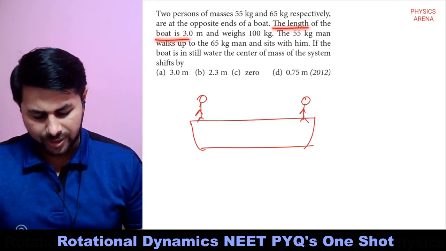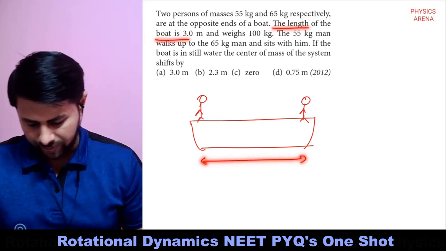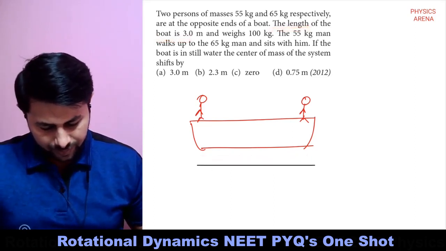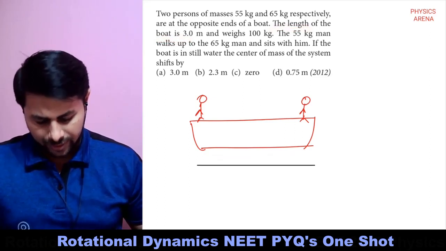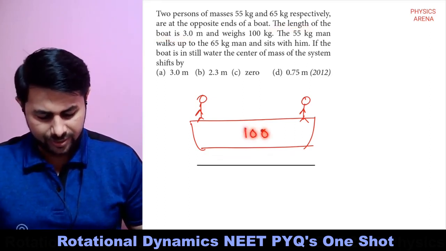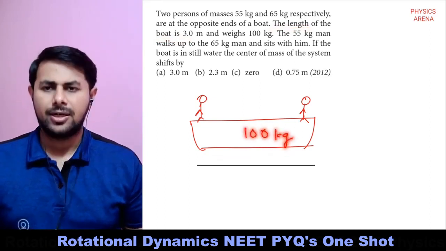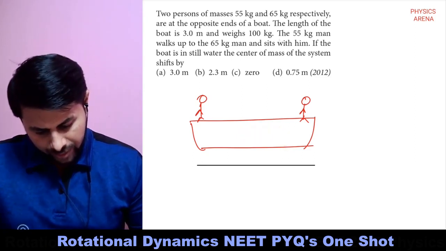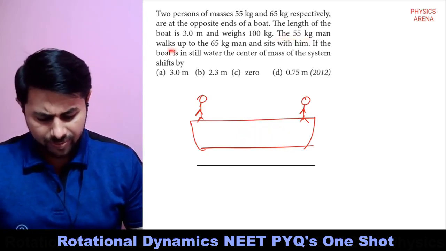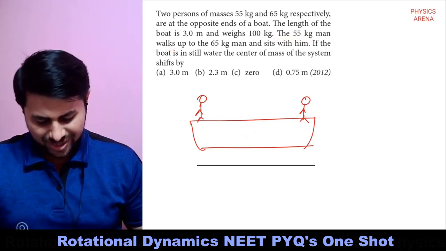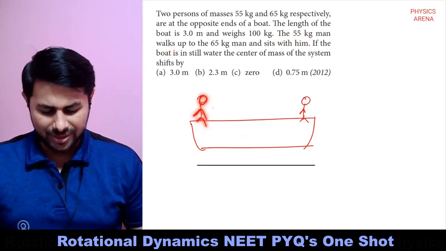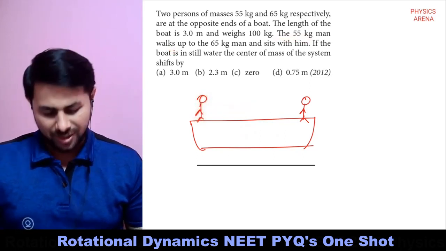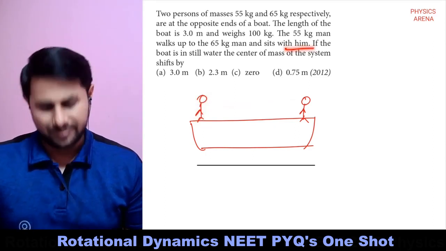The length of the boat is 3 meters, and its weight is 100 kg. The 55 kg man walks up to the 65 kg man. So suppose this is the 55 kg man. He walks up to the 65 kg man and sits with him.